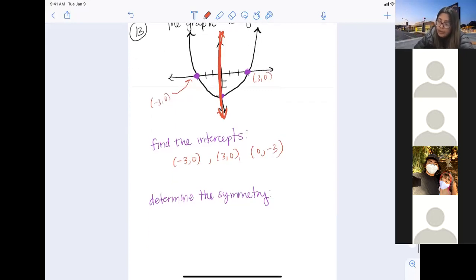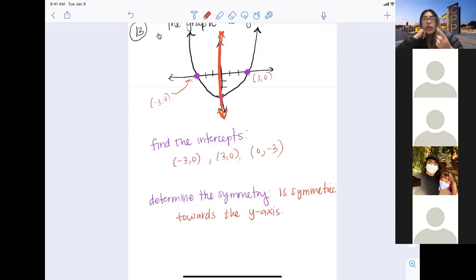But this one, the graph is symmetric towards the y-axis. So you have to study all of them. You have to study symmetry with respect to the x-axis, the origin, and the y-axis. Or some might not have any symmetry. Okay, so that is your job. I'm only doing one example of each. We're still in chapter 2.